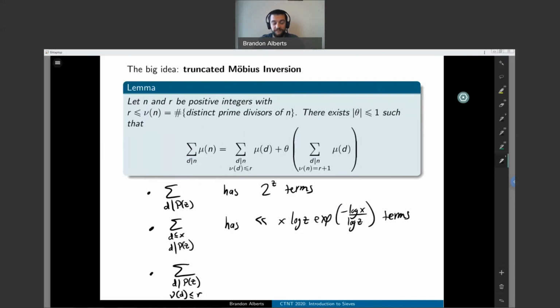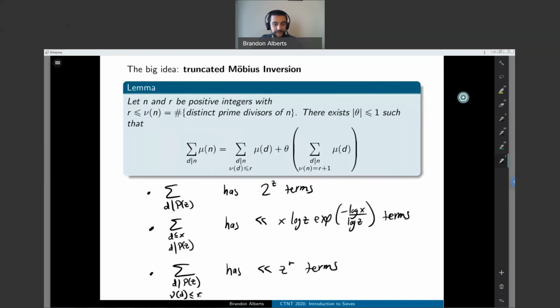Choosing divisors of this product of primes is basically saying d is a product of some number of primes less than z, but now we can only pick r of them. So if you're choosing r primes from the collection of all primes less than z, that's at most z to the r terms.